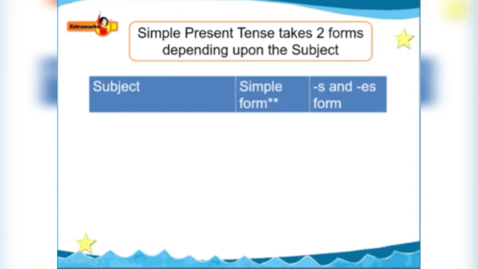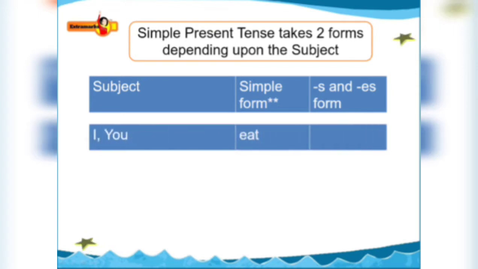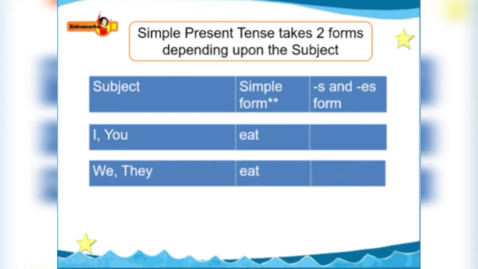Now let's take the verb eat. Here, with the subjects I and you, the verb eat remains in its simple form, eat, without any special endings such as ing, s or es.